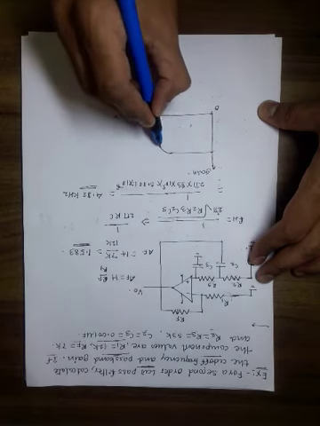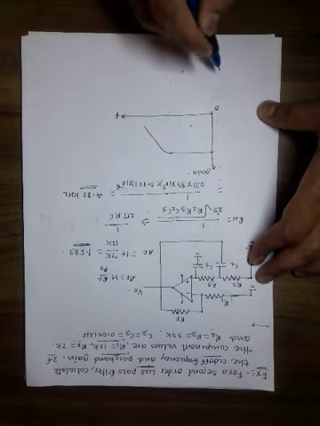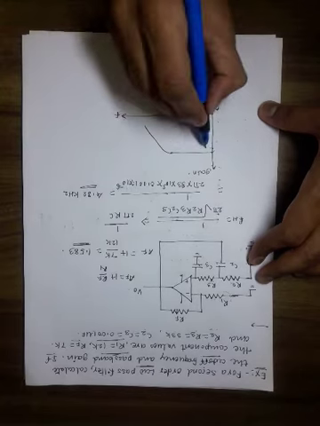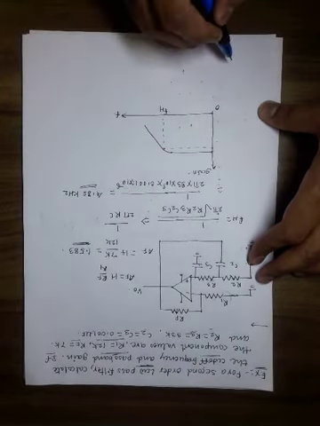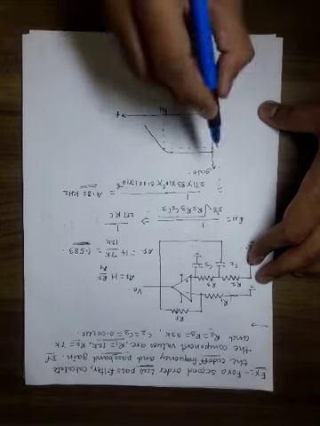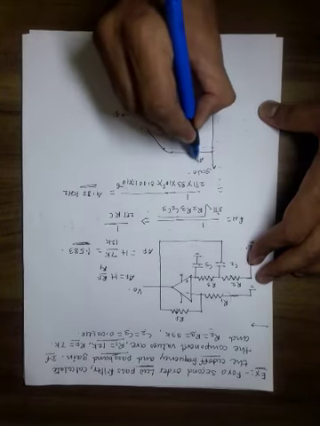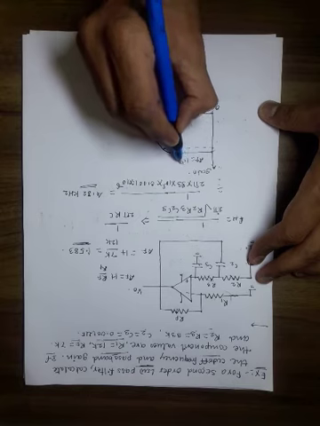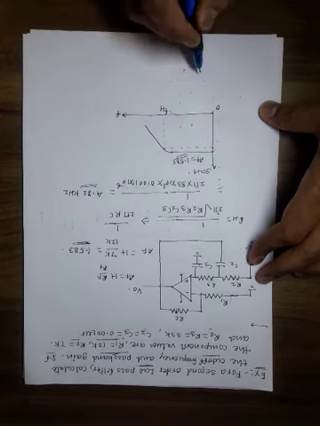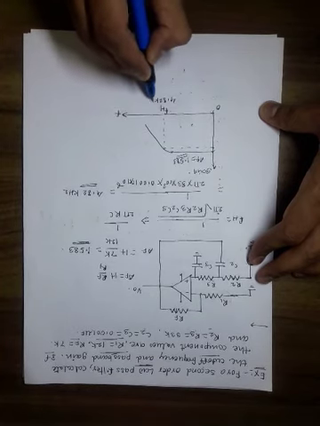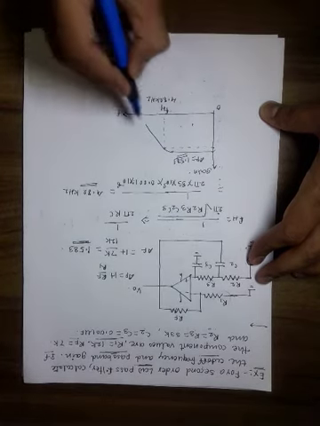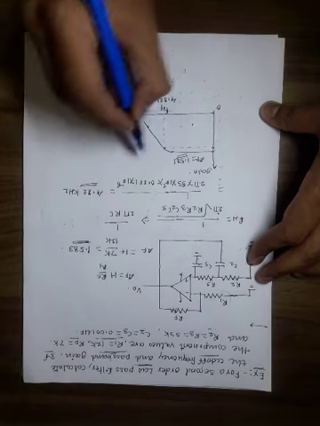After FH, the gain is reduced by 20 dB per decade. Here this is FH, and here the gain AF equals 1.583, the passband gain. FH, the cutoff frequency, equals 4.82 kilohertz. Okay, this is the frequency response.